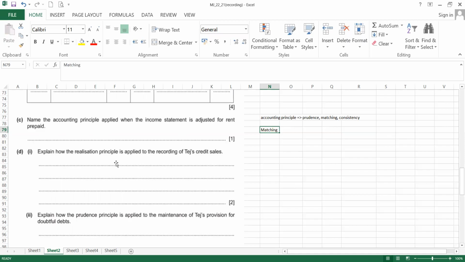Explain how the realization principle is applied to the recording of TJ's credit sales. Okay, realization. What is realization?